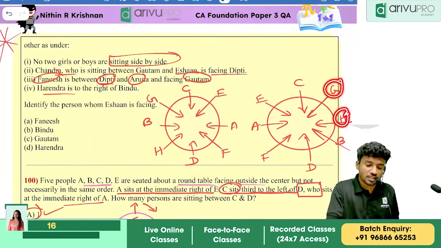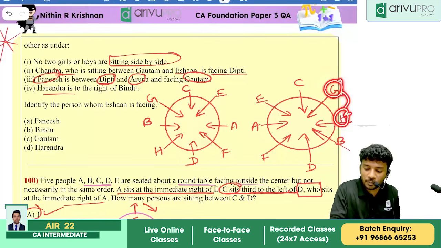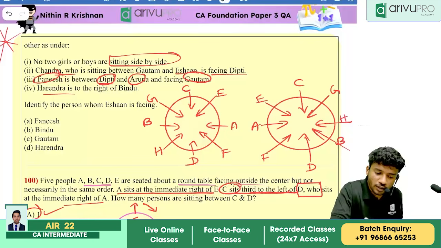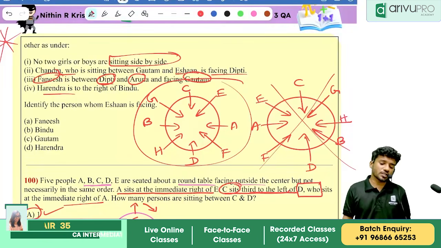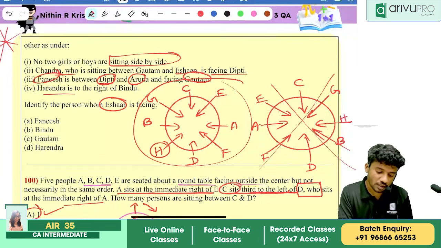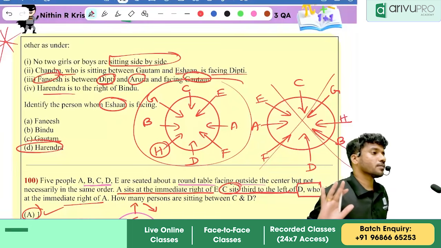G and H: G is Gautam and H is Harendra, both boys. Similarly, Deepti and Bindu, girls. That is not possible. So the second picture is wrong. The first one is correct. Who is facing Ishan is the question. Harendra is facing Ishan.